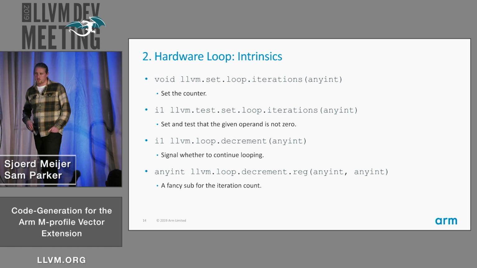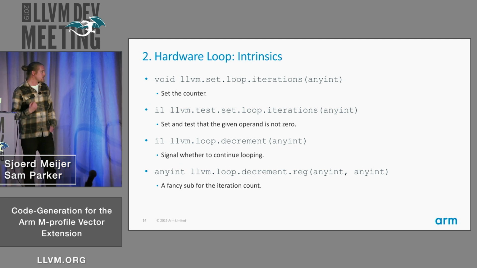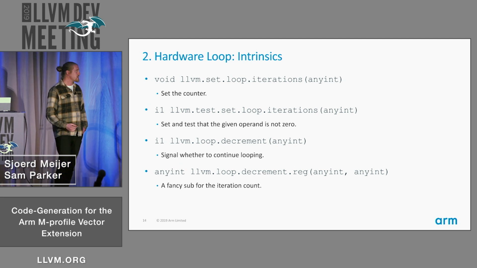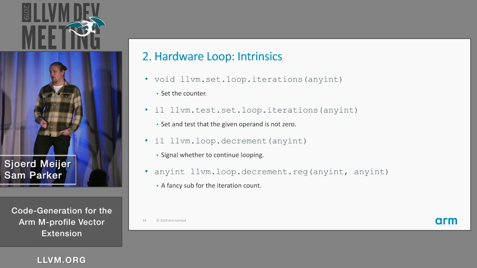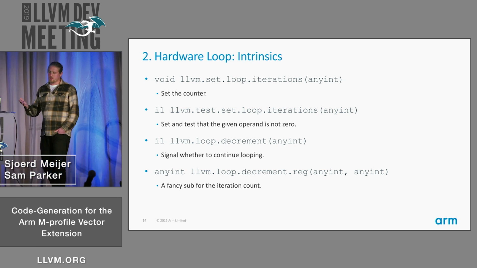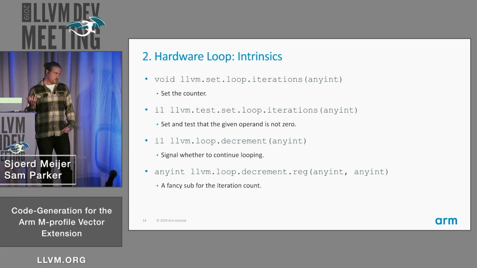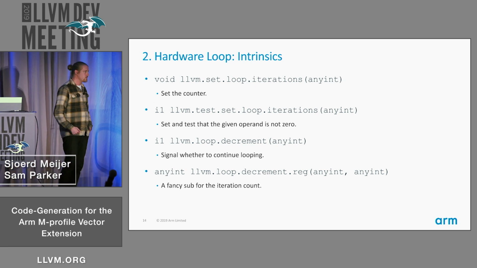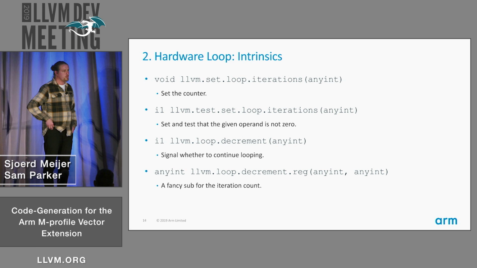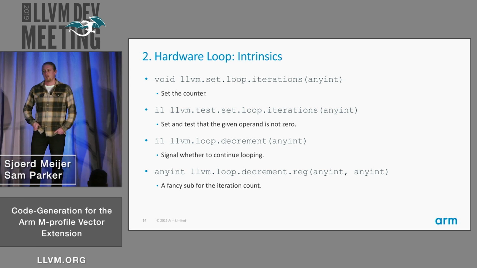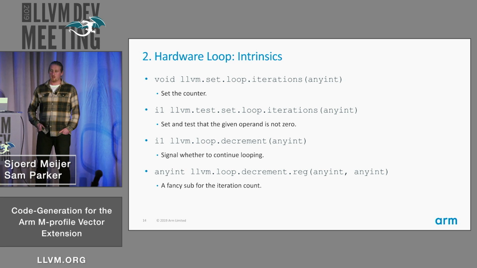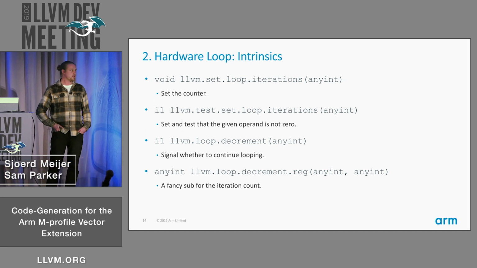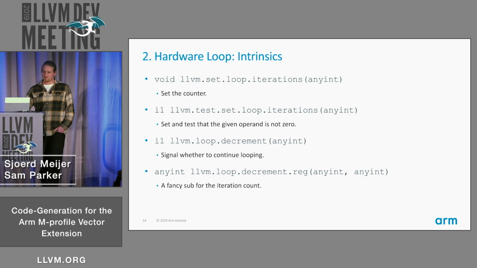The second form returns an I1, so as well as setting the counter, you can test that it's not 0, and then we can use that to control whether we enter the loop or not. So 2 decrement forms. The first just returns an I1, so that controls whether you carry on looping or you exit the loop. And the second form returns an integer, so this is the number of iterations remaining. And this really is just a sub. It is an intrinsic that has been renamed.